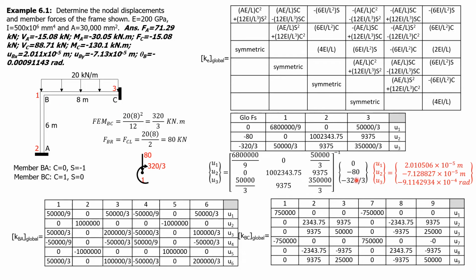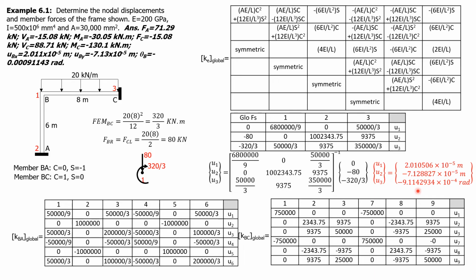But the unit is meter because we express everything in kilonewton and in meter. So meter. Then U2 is also in meter, the downward displacement, negative 7.128827 times 10 to the negative 5.